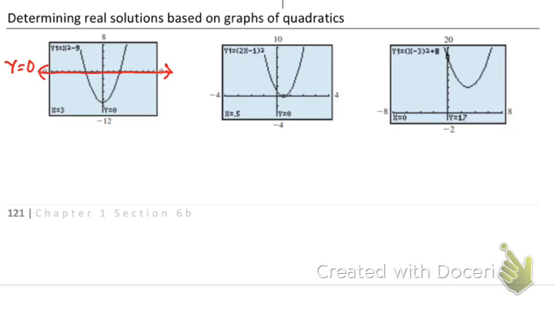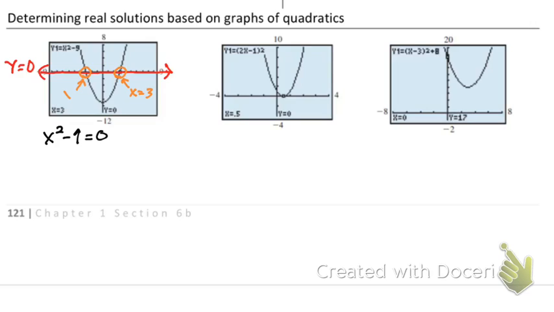So in this case, we have x squared minus 9, so x squared minus 9 equals 0. It's going to happen at 2 places. It's going to happen here, and it's going to happen here. Right here is where x equals 3.